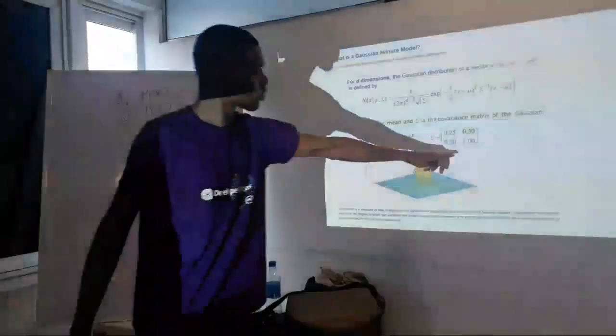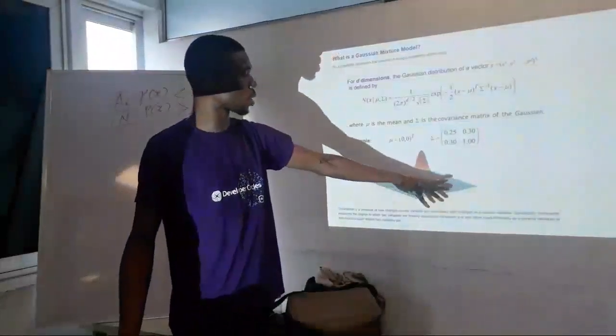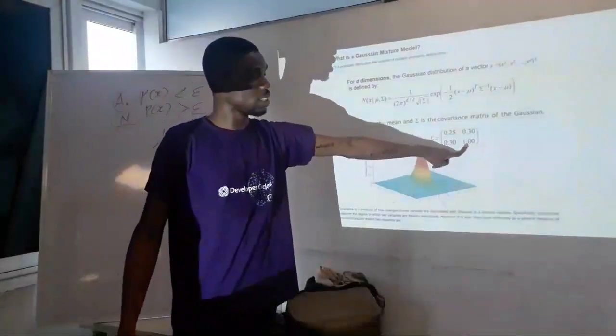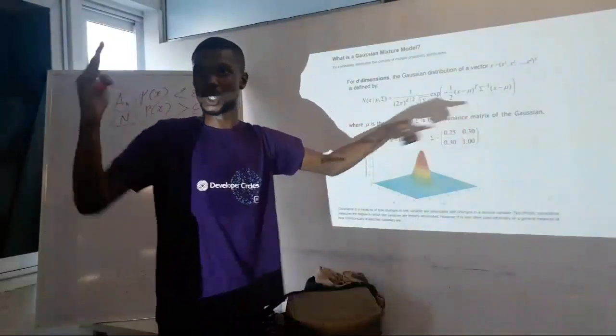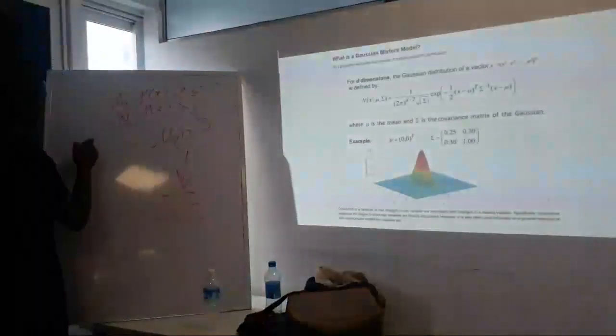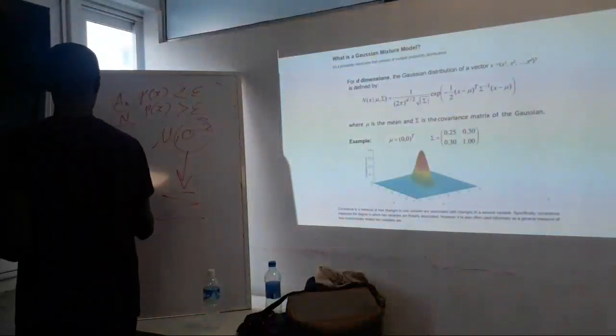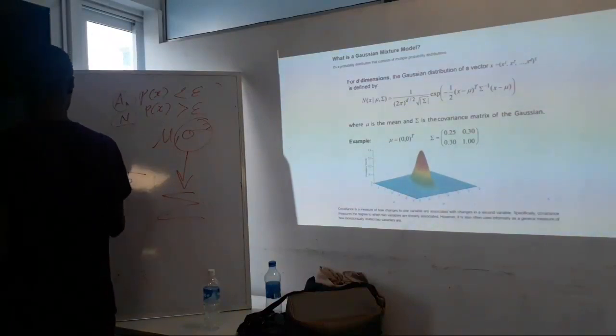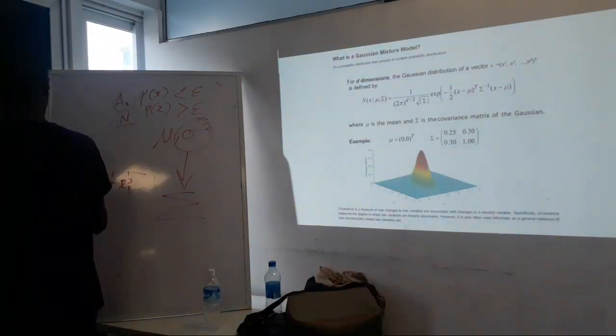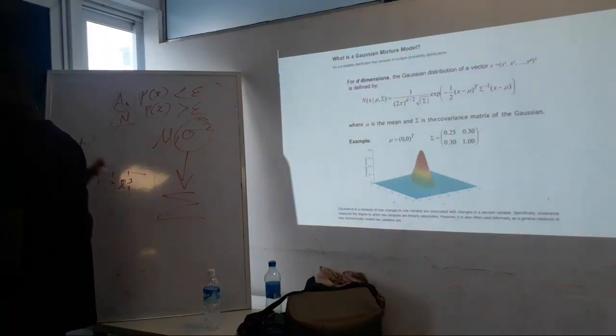So let's say you have two features, x1 and x2. They have a linear relationship. This is x1, this is x2. Let's say this is 1, 2, 3. This is 1, 2, 3. Let's assume this is scaled, so they have the same scale.